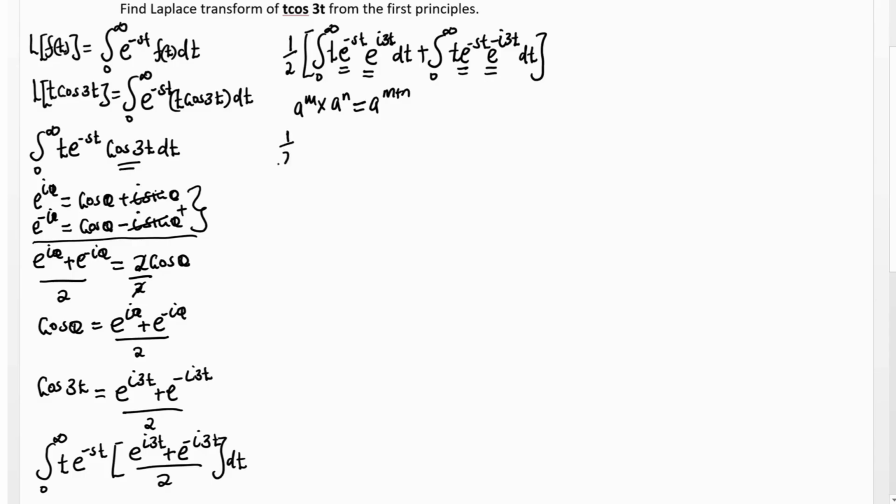So our equation becomes a half into integrating from 0 to infinity t e raised to minus into s minus 3i into t dt. That is part A, plus integrating from 0 to infinity t e raised to minus into s plus 3i t dt. That is part B.